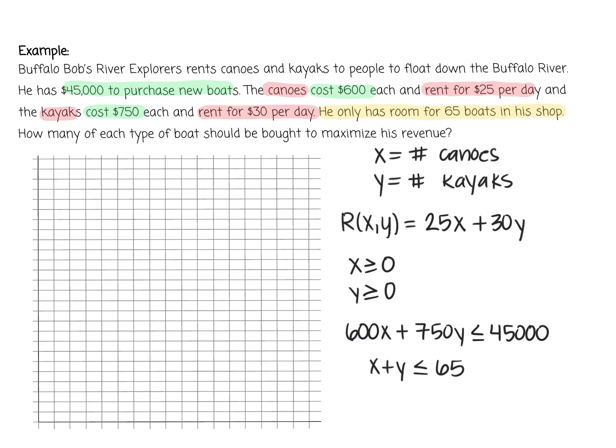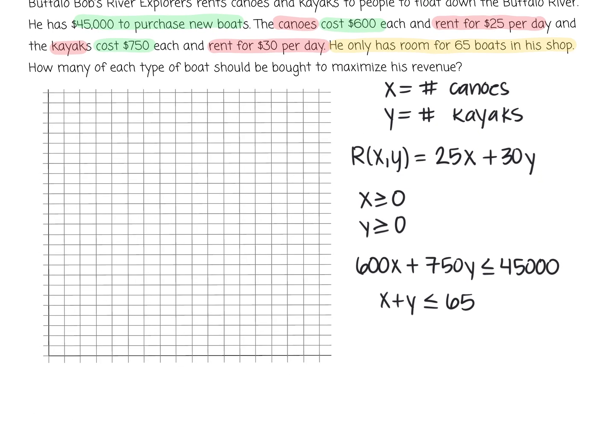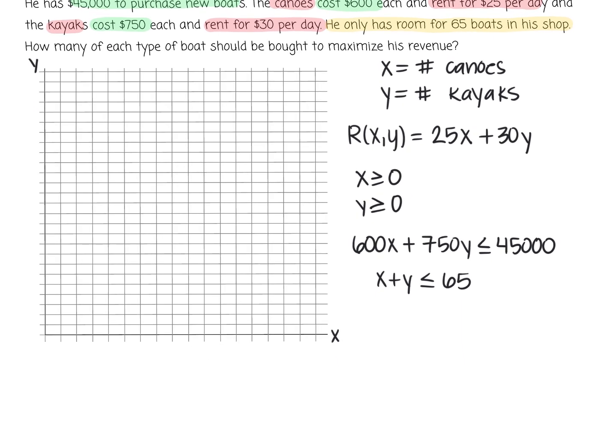So sometimes the inequalities that we want to graph are going to be linear, not just strictly vertical or horizontal lines. So let's work on graphing these two inequalities. So again, I'm going to have my x and my y-axis. I'm going to rewrite both of my inequalities so they're in slope-intercept form, because right now they're both in what we call standard form.